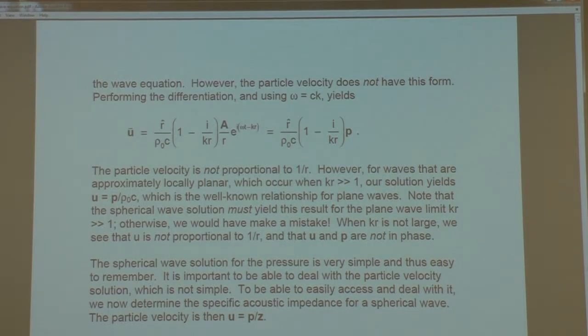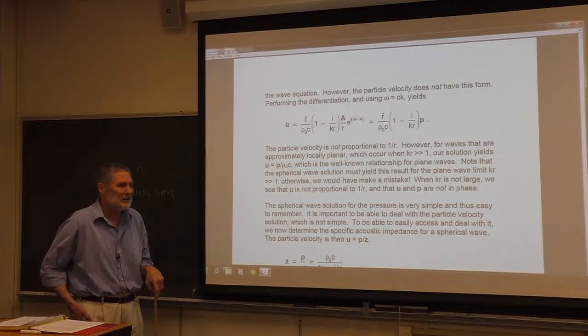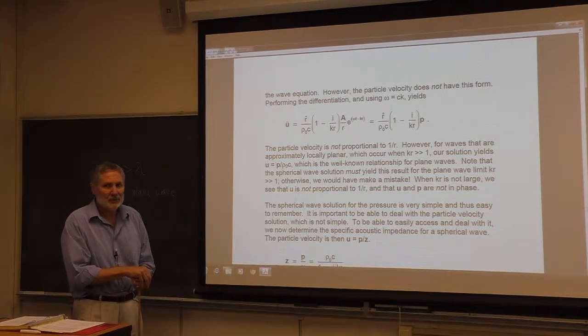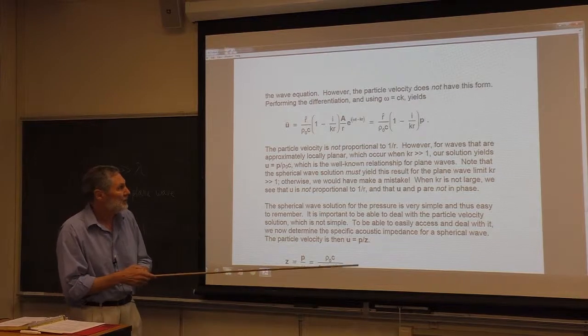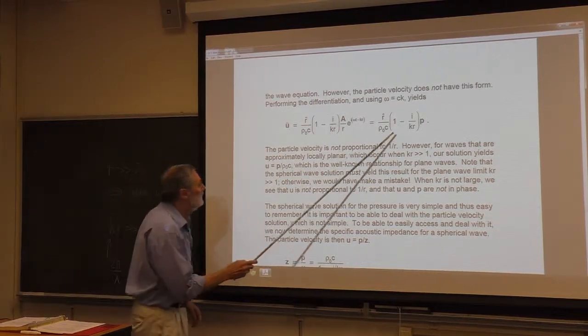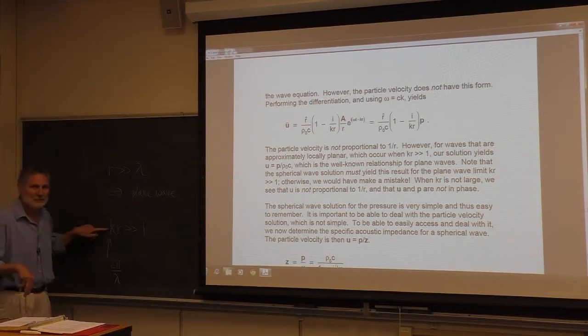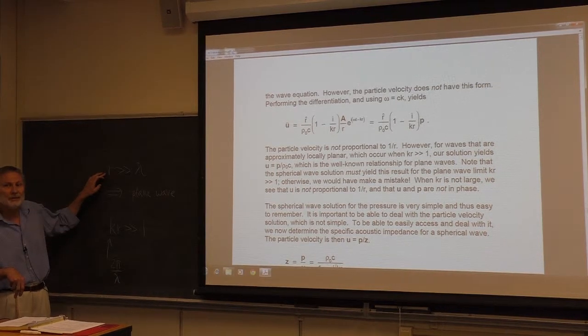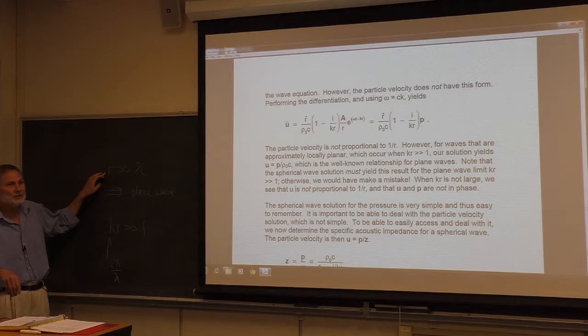I don't think I've emphasized this yet, but throughout this course, when we get some result, we're going to be looking at it in special cases. And the natural special case here is kr much greater than 1, which means we're many wavelengths away from the source.